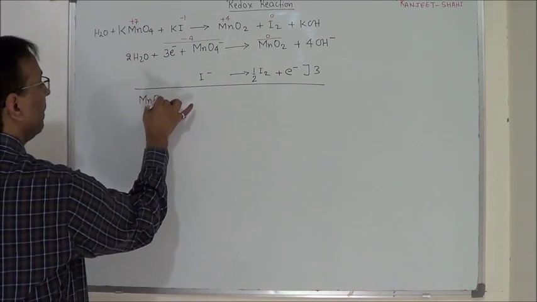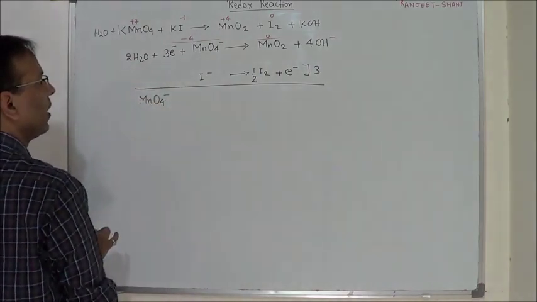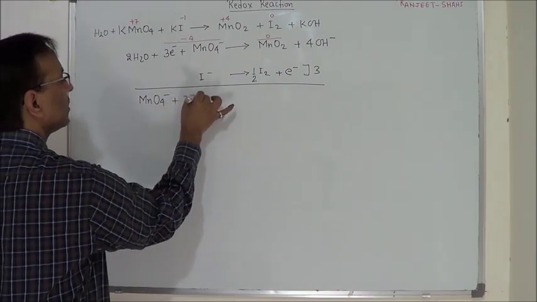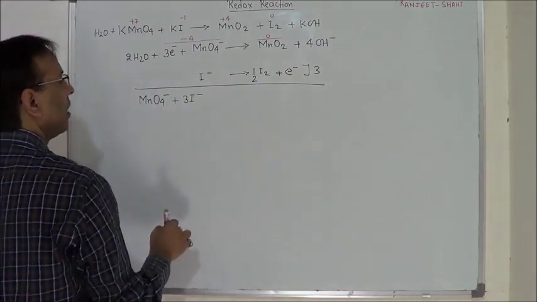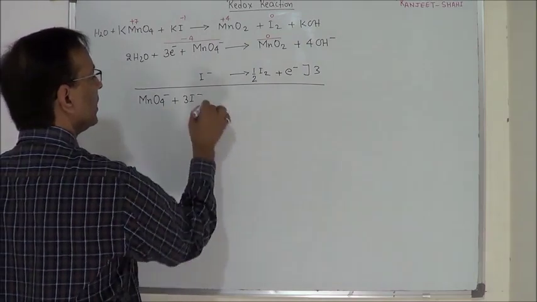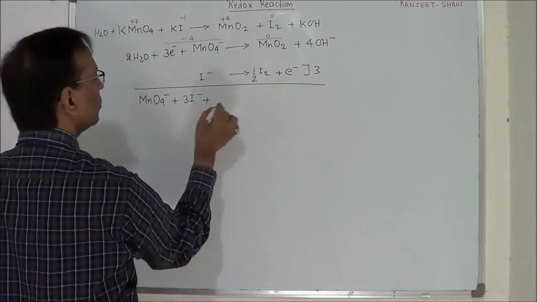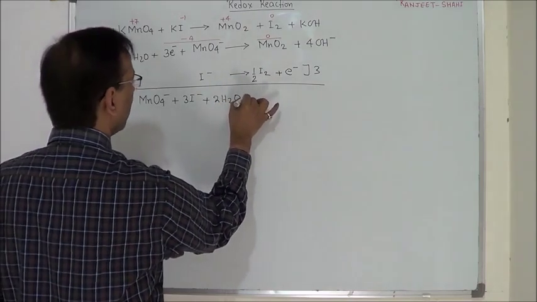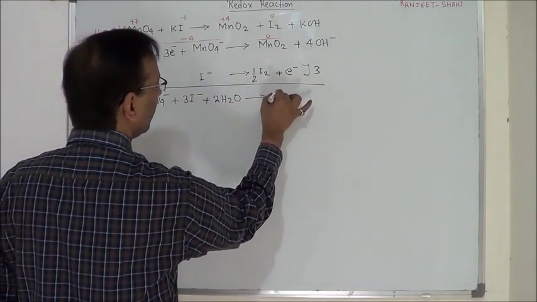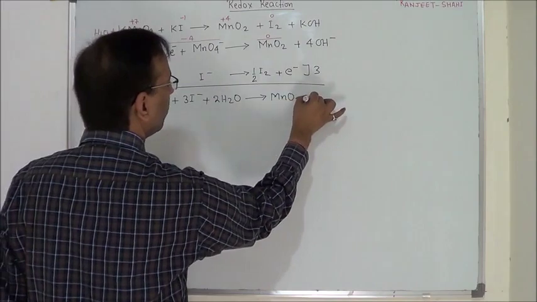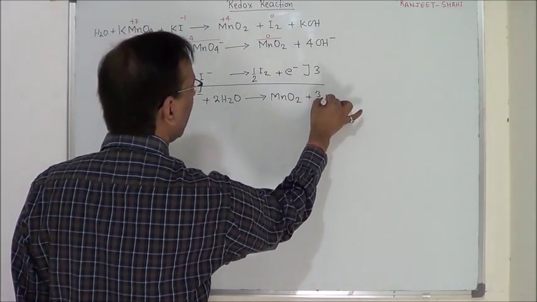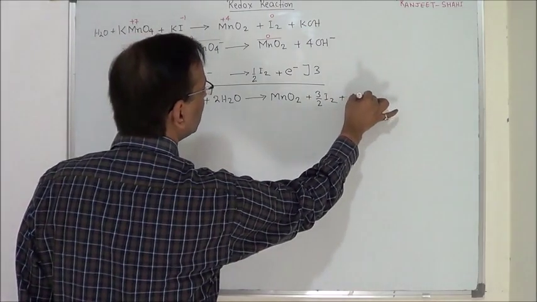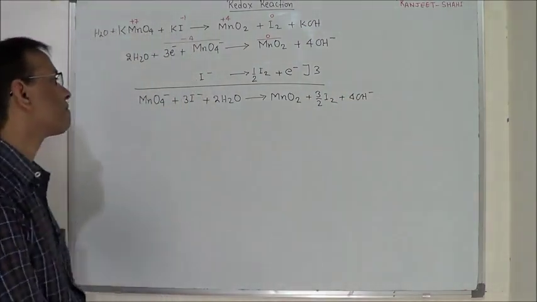MnO4 minus plus 3I minus plus 2H2O gives MnO2 plus 3 by 2 iodine plus 4OH minus.